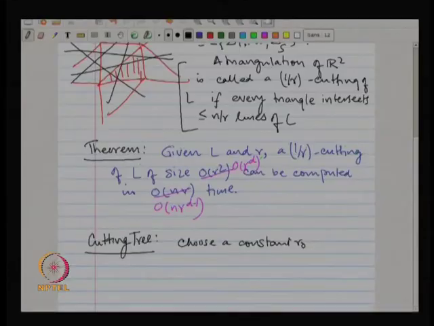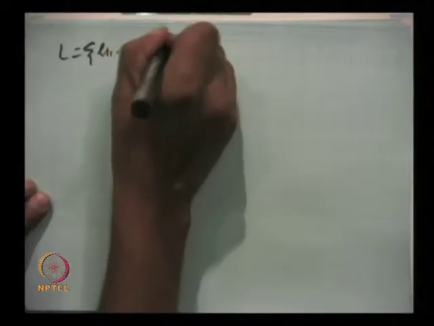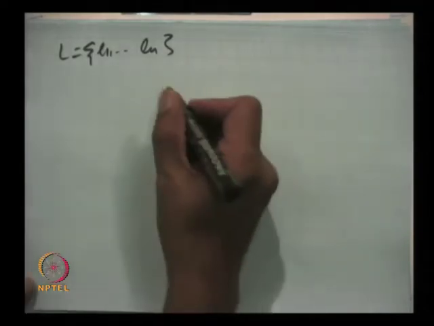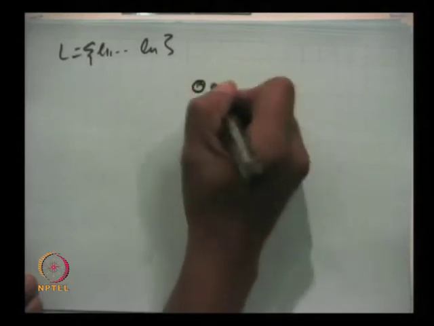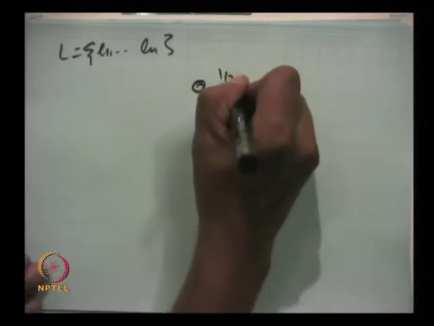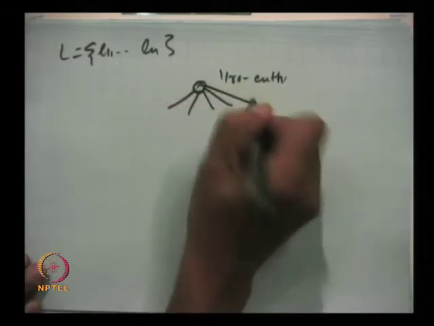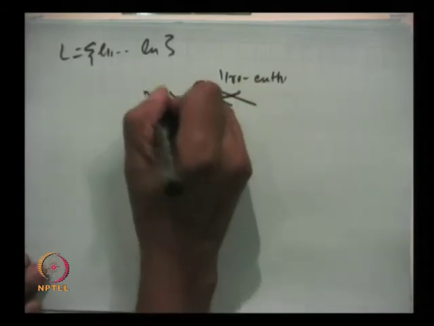In the beginning you have all lines, let us say given a set of lines L. You choose a constant r 0 and compute a 1 over r 0 cutting at the root. It will have r 0 squared triangles, ignoring the constant.